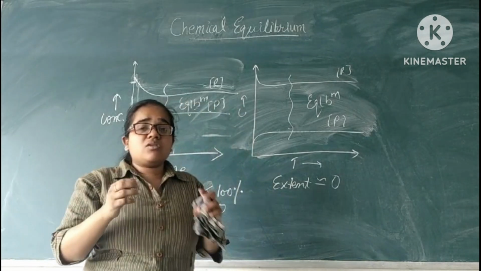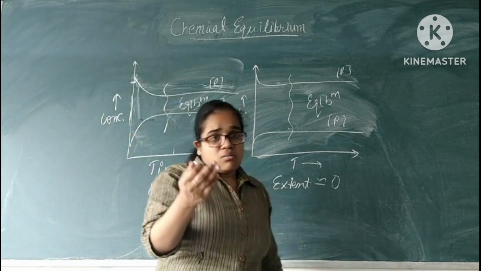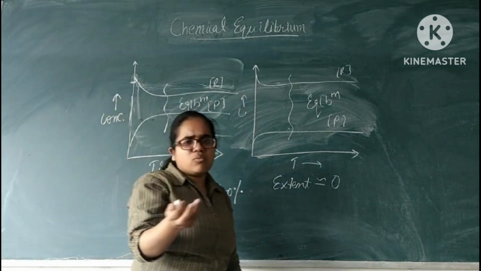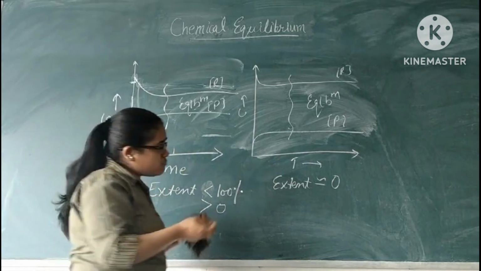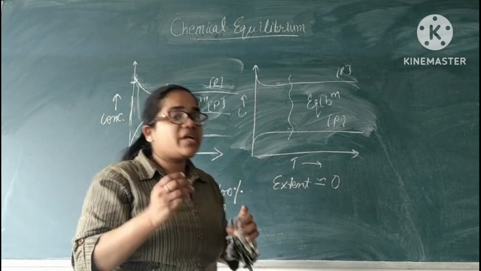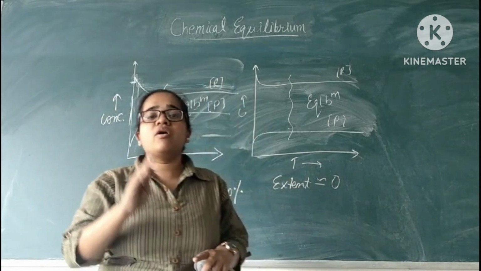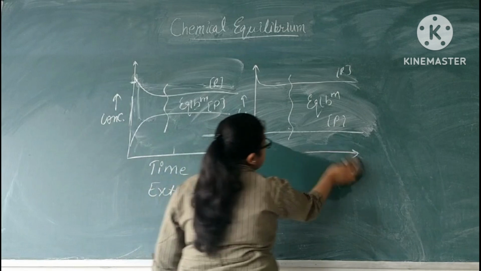But there should be some relationship between them to understand them more. For this, the relationship that relates the concentration of the reactant and product with the rate of the reaction is the law of mass action. So let us see what that law is.